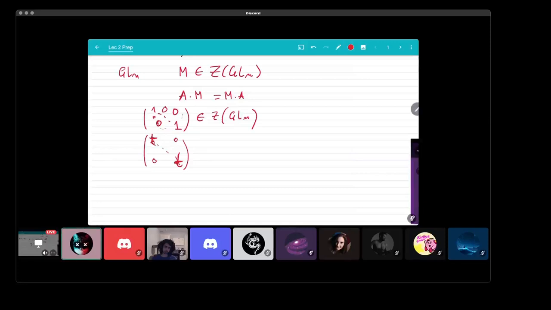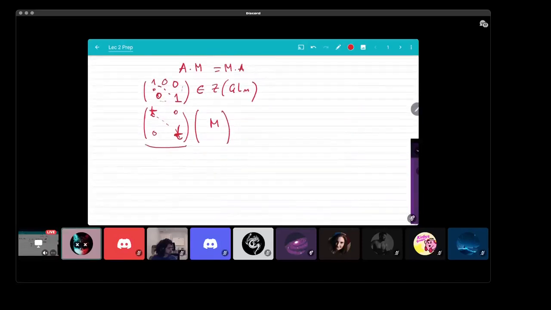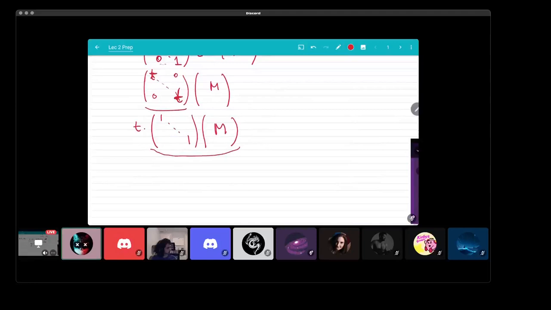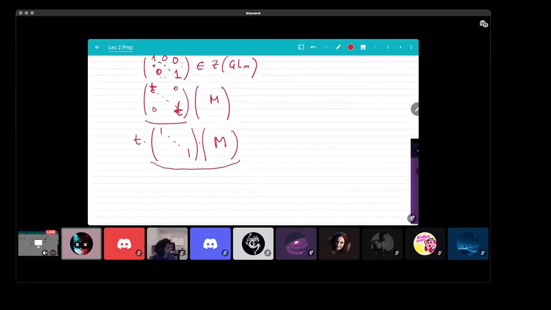Directly, we can show that if we take any matrix M and multiply it with this matrix, we can rewrite this as t times the identity, and the identity times M is equal to M, so this is t times M. This is scalar multiplication, by the way.